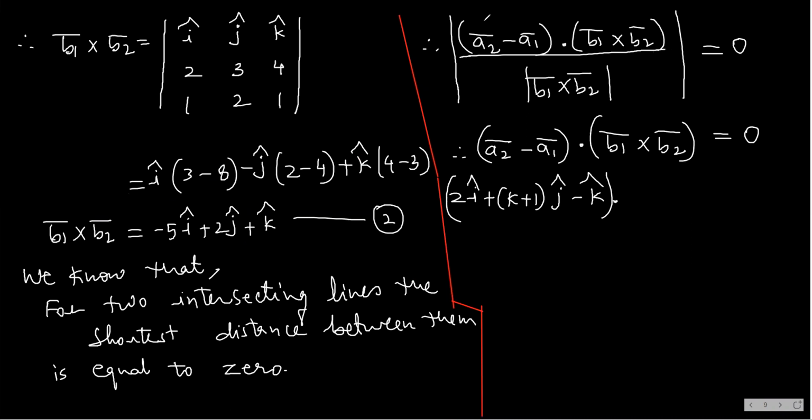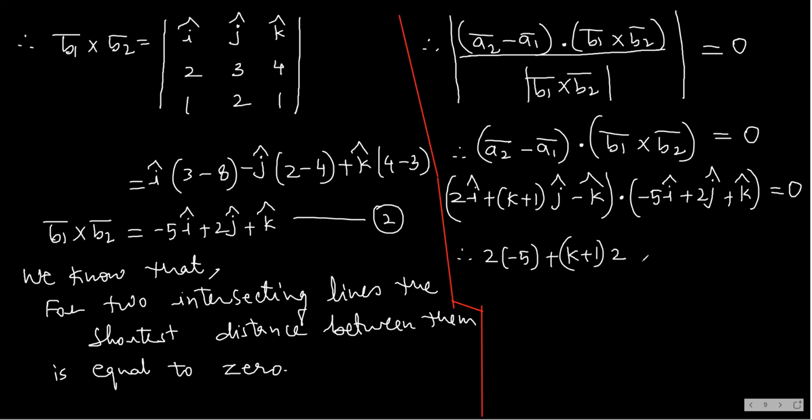Dot B1 bar cross B2 bar, which is minus 5i cap plus 2j cap plus k cap, equals 0. You know how to find the dot product? It will be 2 multiplied by minus 5, plus k plus 1 multiplied by 2, plus minus 1 multiplied by 1.